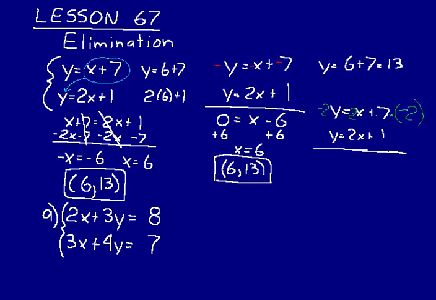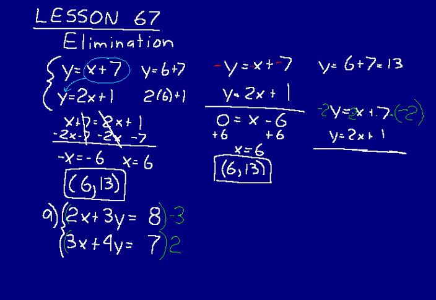And so what I'll do to do that, I'd have to multiply every term on top by either a 3 or a negative 3. I'll go ahead and multiply every term on top by a negative 3. So I'll put these parentheses and a negative 3 on the outside to remind me that I'm doing that. And then every term on the bottom I'll multiply by a positive 2. That way on the top I'll have a negative 6x, on the bottom I'll have a positive 6x, and that way those will cancel.